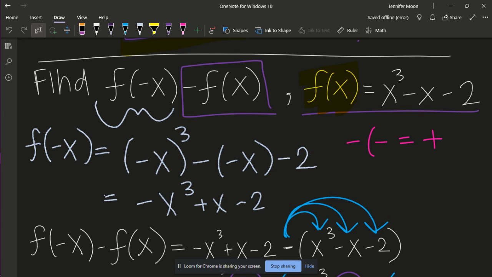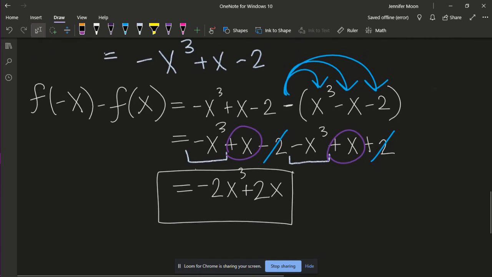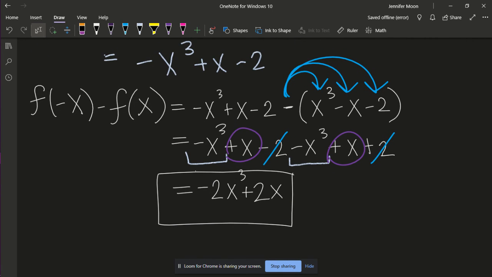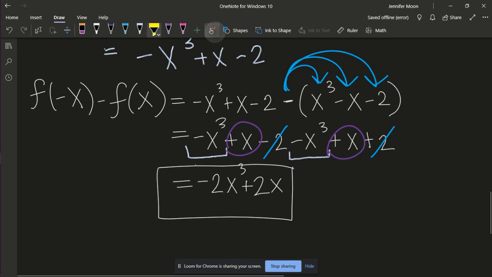So once I was able to figure out what my f of negative x was, I could go ahead and solve the problem, which was subtracting the whole function from f of negative x. So I simply wrote the answer that I got for my f of negative x right here.